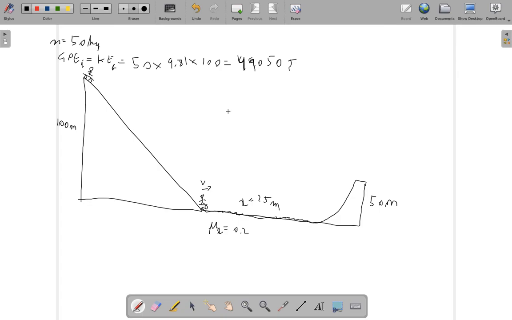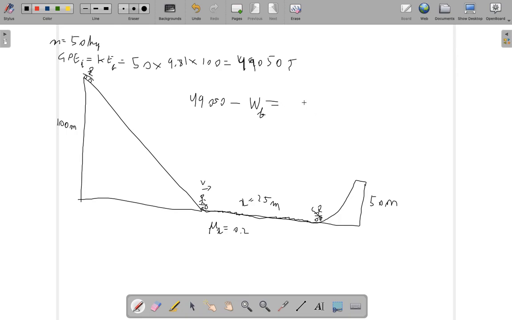From our work energy theorem, the one I mentioned to you earlier, the work done is the change in kinetic energy. So his kinetic energy when he arrives at this point, right before our ramp once again, will be equal to 49050 minus the work done by friction, which I'll just call WF for now.